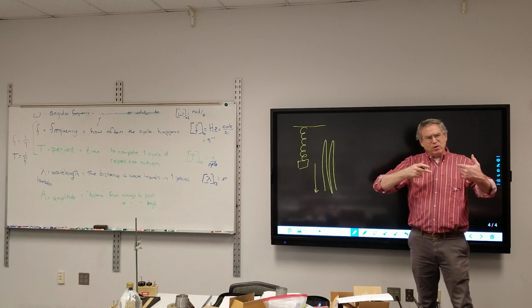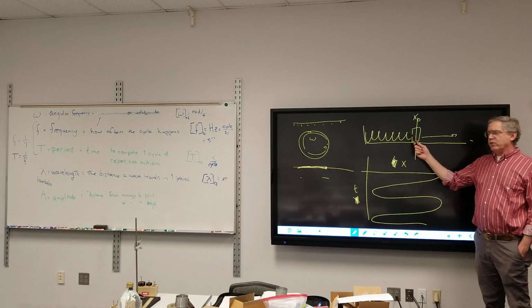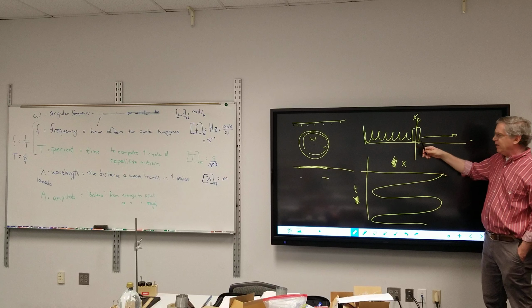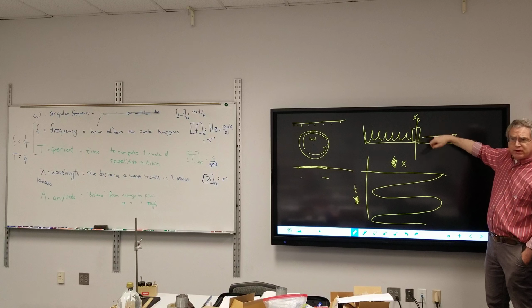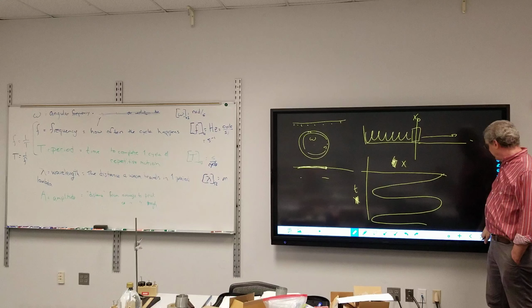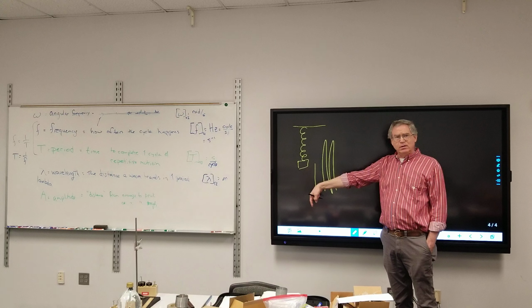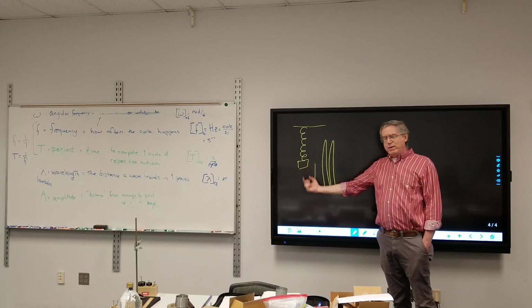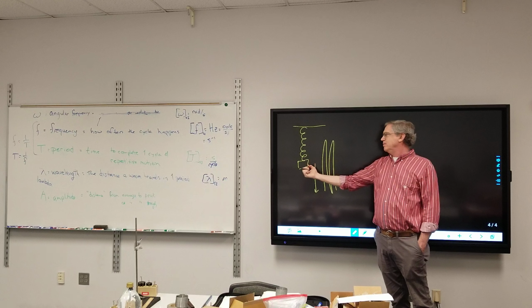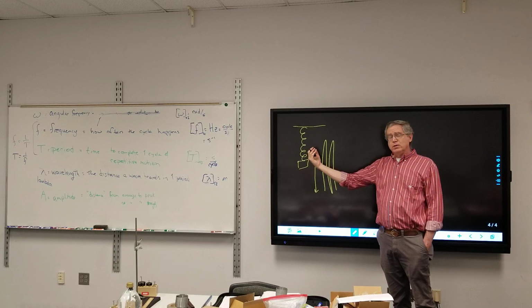Because if I'm doing it horizontally, the forces I have acting on it are the force from the spring acting horizontally, and then I have weight and normal force balancing each other out vertically. But if I do it this way, I now have weight pulling down, and I have the spring force acting upwards.